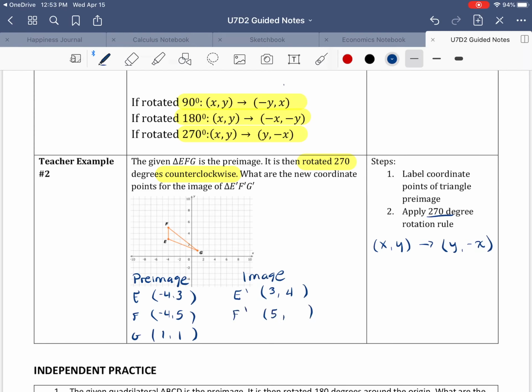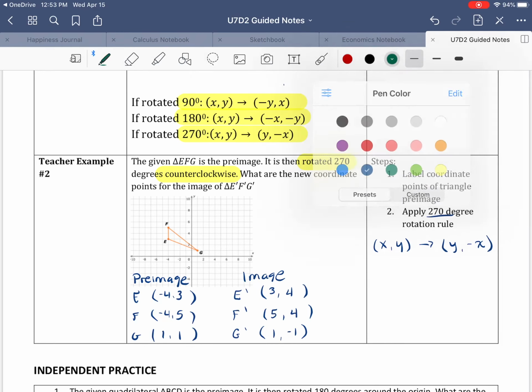So the 5 will stay the same, and then the -4 will become negative. So a -4 becomes a +4. And then our G prime, we're going to flip them, and then our x value becomes negative. So it'll be (1, -1). All right, and those are the coordinate points of our image.